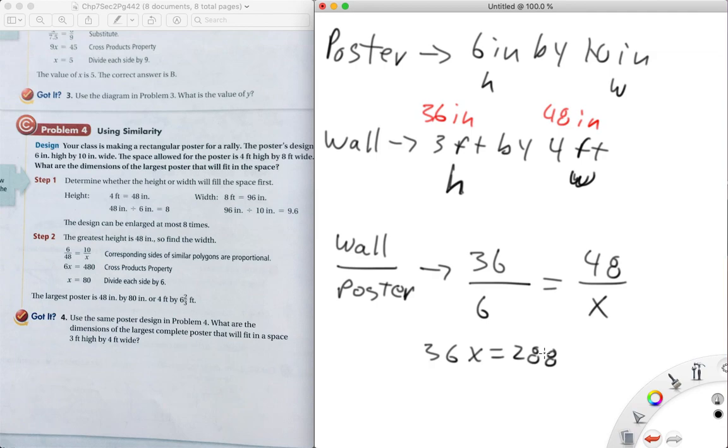Divide both sides by 36. And I get that x is equal to 8 inches. Alright, so the largest the poster is going to be is 6 inches by 80 inches.